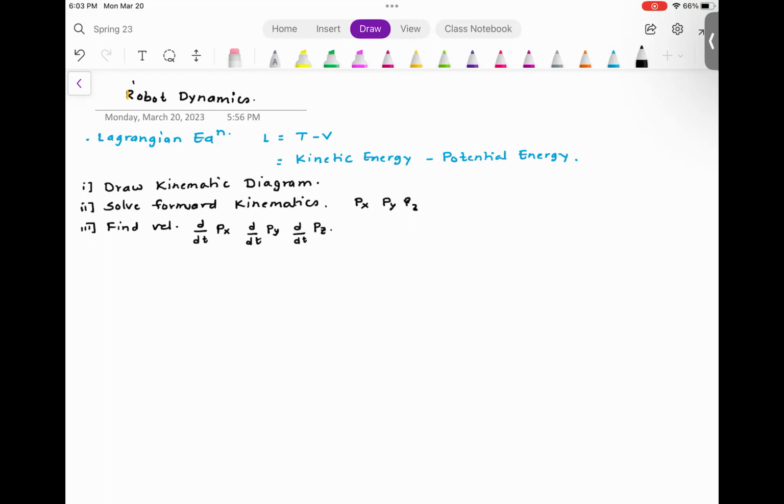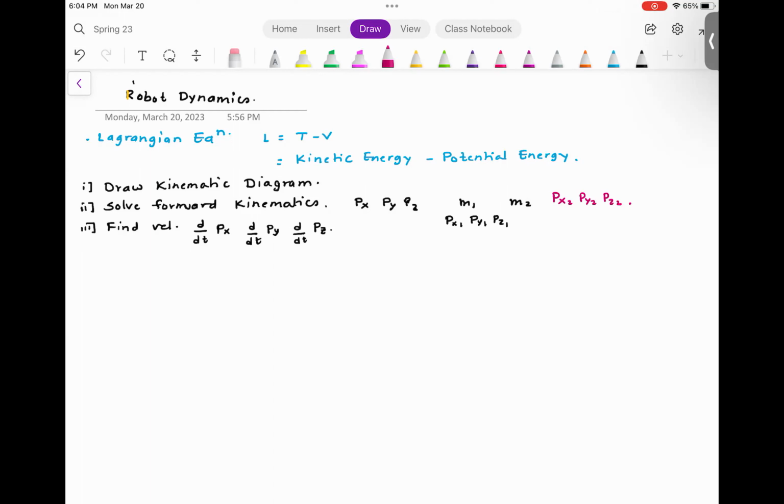Now imagine you have to find out the displacements or the positions of all the masses. So for example, if your robot arm has mass m1 and mass m2, you have to find out px1, py1, pz1. If you have mass m2, then px2, py2, pz2.